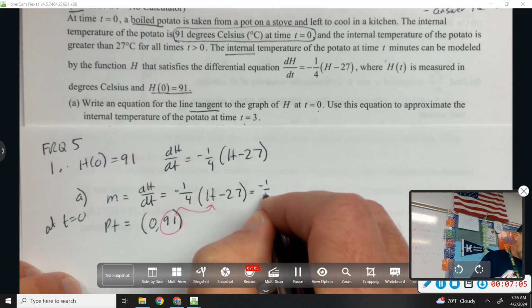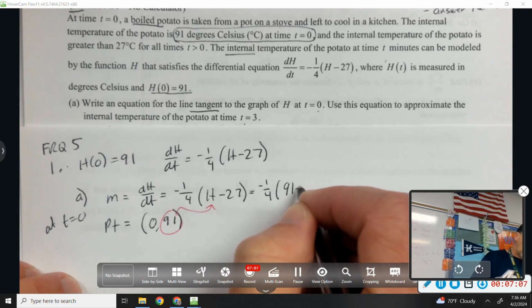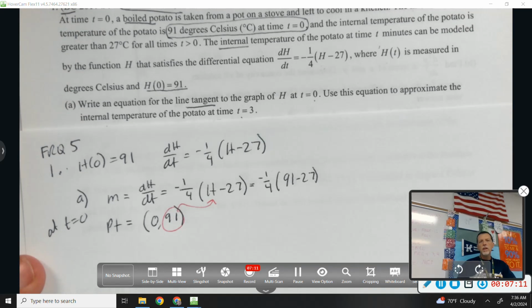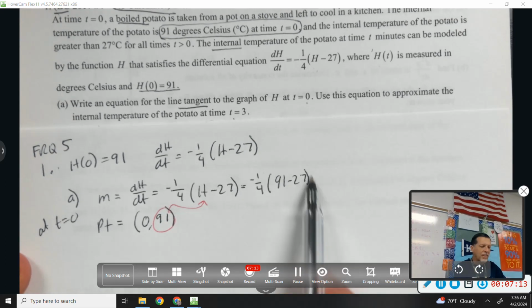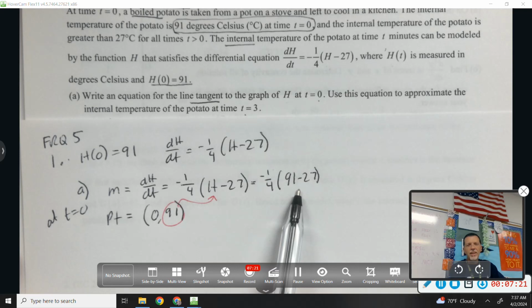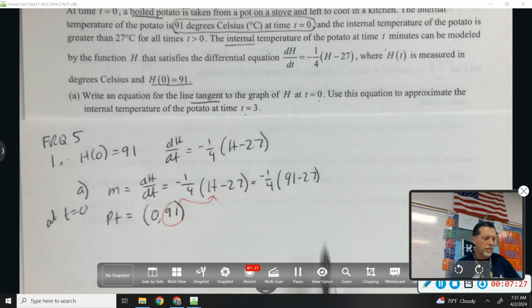Let's see, negative 1/4 times (91 minus 27). I'm seeing this is a no calculator thing. So I could just leave that as the slope. That's perfectly okay to write the equation with that as the slope. I feel like the trade-off is that it's really messy and hard to keep up with. So I'm going to try to take it a little farther even without a calculator and see what happens.